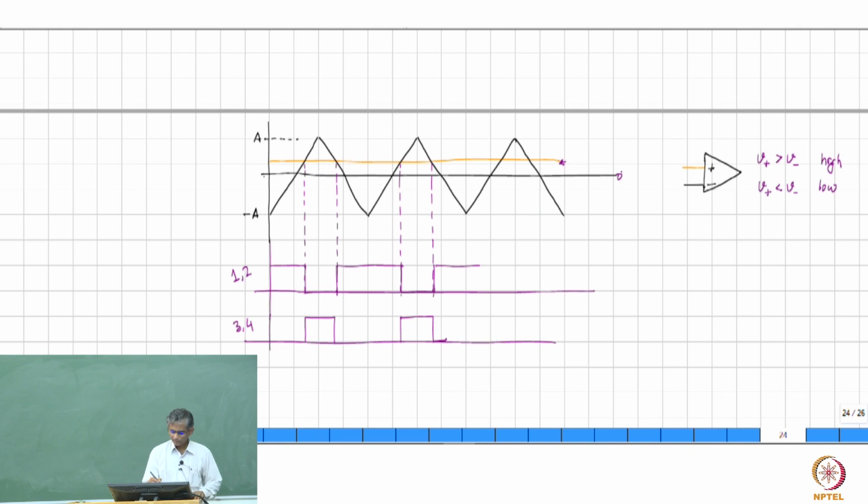So if this value is Vc, right, then T on is given by this interval, and this duration is capital T. How do we now find out what is the duty ratio T on by T?